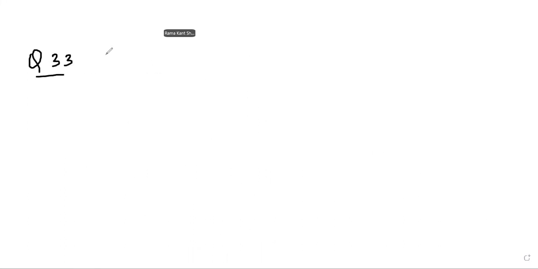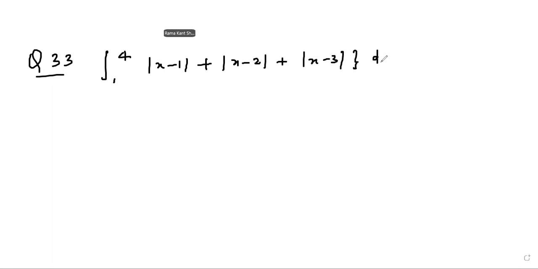Question number 33, 1 to 4 modulus x minus 1 plus modulus x minus 2 plus modulus x minus 3 whole dx. Here there are two methods of solving the same question, but I am going to adopt the simpler one.